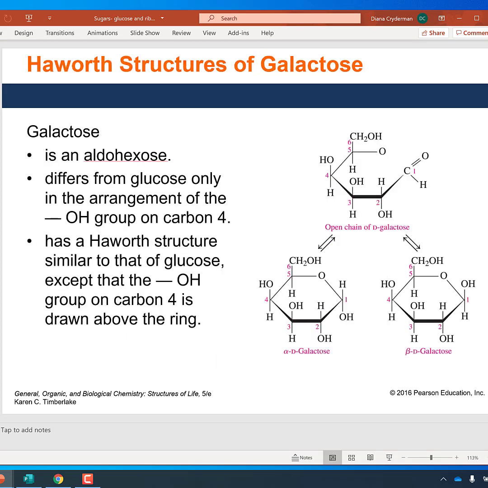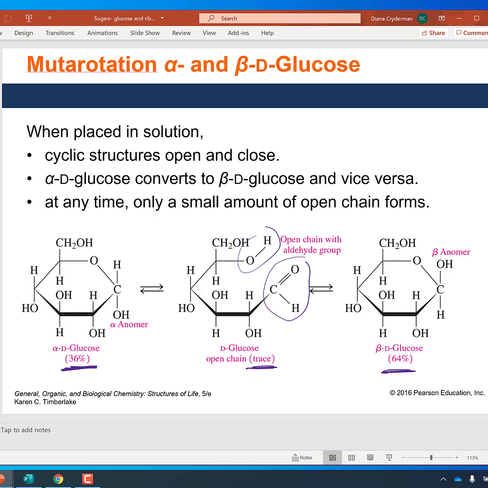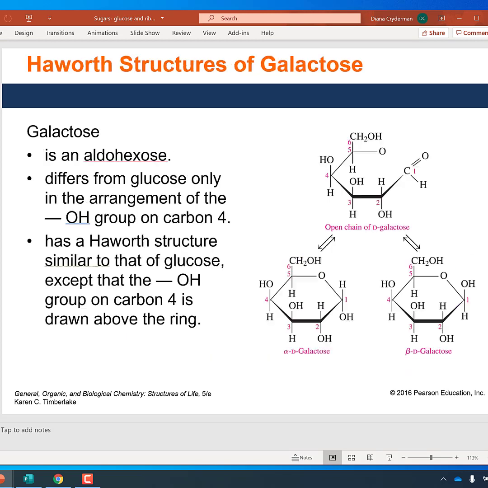So the Haworth structure of galactose is pretty similar. I'm going to go back to glucose and look really quickly. So here's the anomeric carbon. We're not going to be talking about that. I want to talk about the other. We're going to look at carbon number 4. 1, 2, 3, 4. Carbon number 4. Because that's the difference between glucose and galactose. So look at that carbon. Carbon number 4 on galactose has the alcohol up.